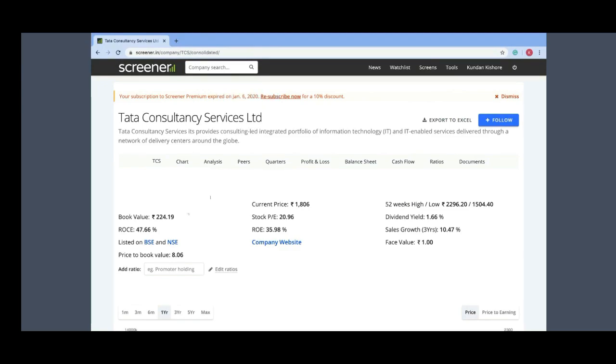This is the value that shareholders, the financial market, the stock market is giving Tata Consultancy. Tomorrow, if the share price goes from 1806 to 1706, this market capitalization will come down, and this keeps happening. So can we say that this is the exact value of Tata Consultancy Services? I think this is not the exact value, but this is the market capitalization. This is today's value.